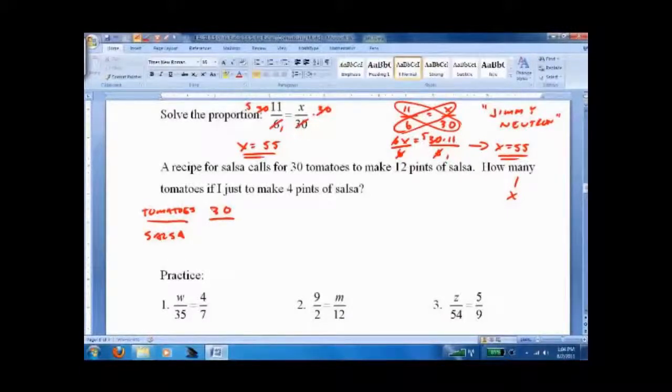So 30 tomatoes to make 12 pints of salsa, and we don't know how many tomatoes to make 4 pints. Again, we just multiply by 4 on both sides. 3, 1, x equals 30 over 3 equals 10 tomatoes.